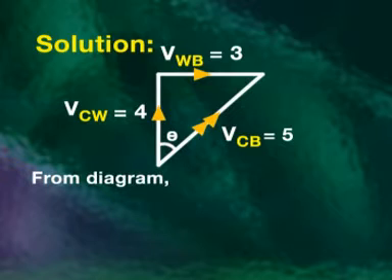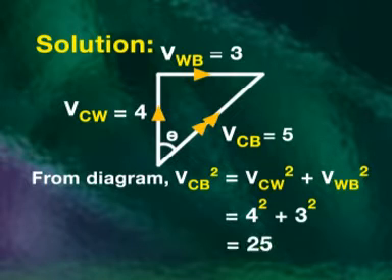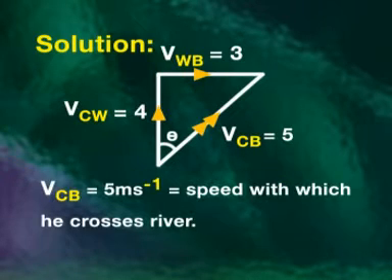From the diagram, VCB squared equals VCW squared plus VWB squared. This gives us 4 squared plus 3 squared equals 25. The square root of this gives us 5 meters per second, which equals the speed with which he crosses the river.